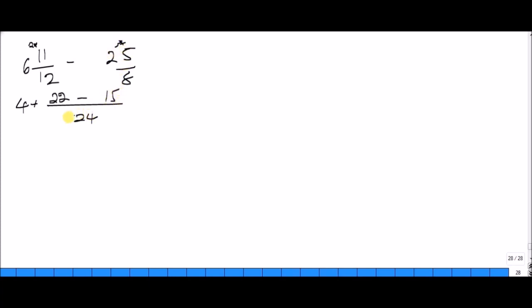Okay, so 15 from 22 would leave us with 7, 4, and 7 over 24.